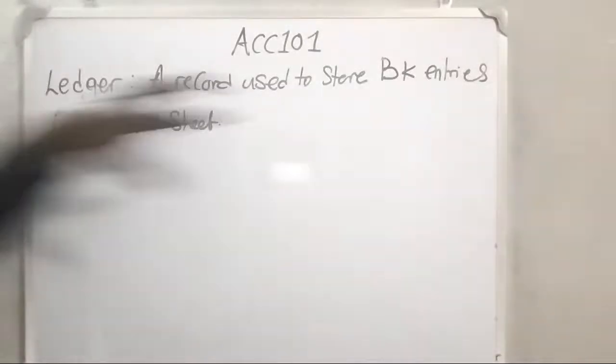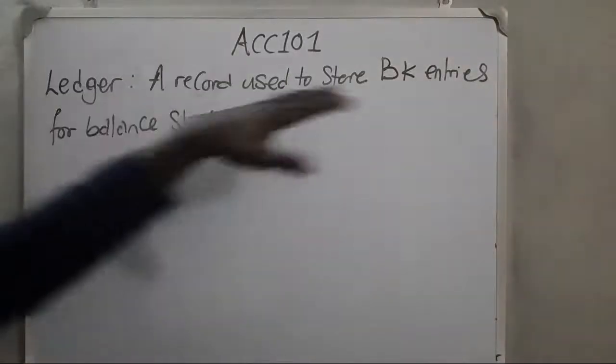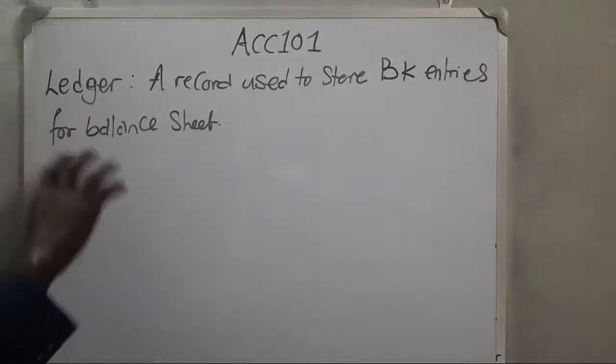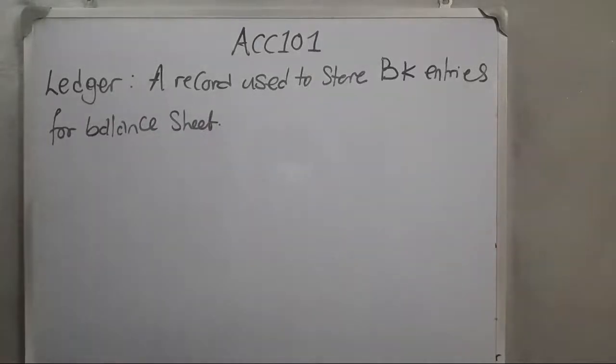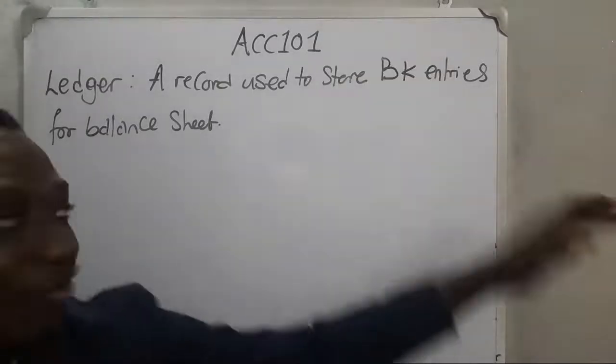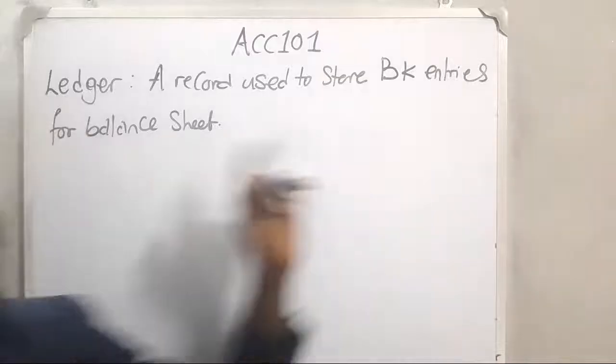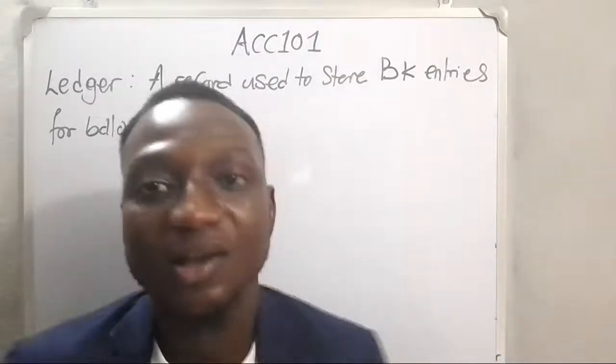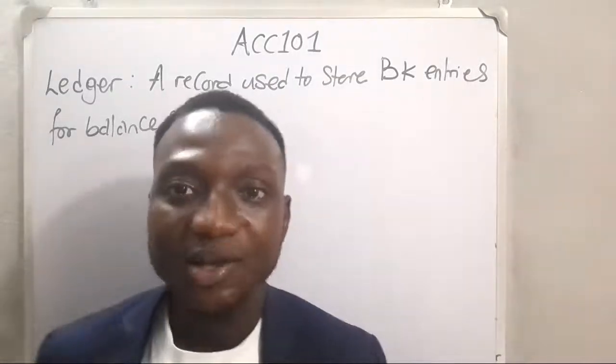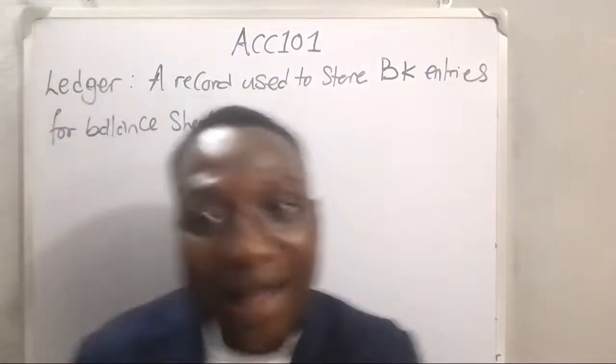So as soon as you are done with that, you bring it to your ledger, and from the ledger, it comes down to the balance sheet. But don't forget that all this is possible as a result of an effective bookkeeping system. See how this works?